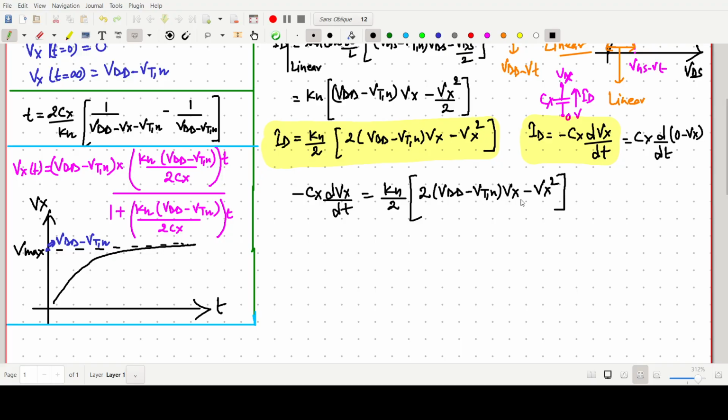Now we have to find the value of time and Vx, all very similar to the logic one transfer.